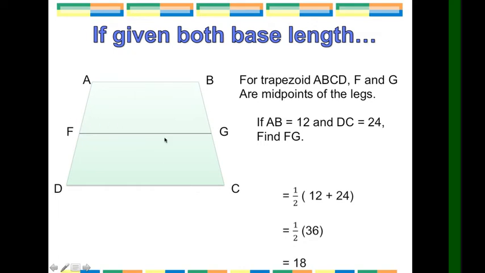As we all know, the formula for the midsegment is 1/2 times B1 plus B2. So we will add B1 and B2. So we have 1/2 times the quantity 12 plus 24. So that's 36 divided by 2, which is 18. Therefore, the measurement of FG is 18.